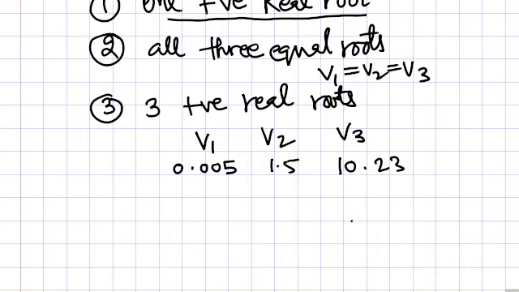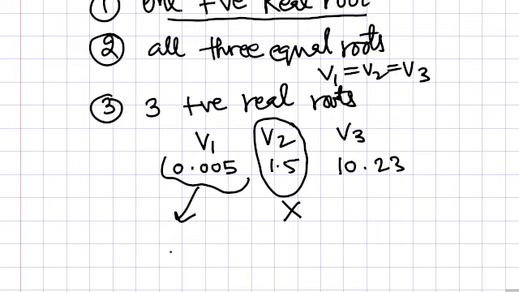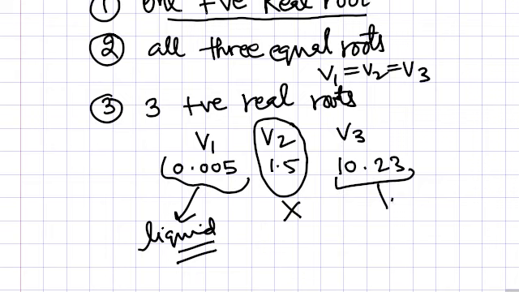This is just an example. Here you have to neglect the middle root, it is of no value for us. The smallest root is the volume of the liquid of that substance, and the greatest root, the largest root, is the volume of the gas or vapor.